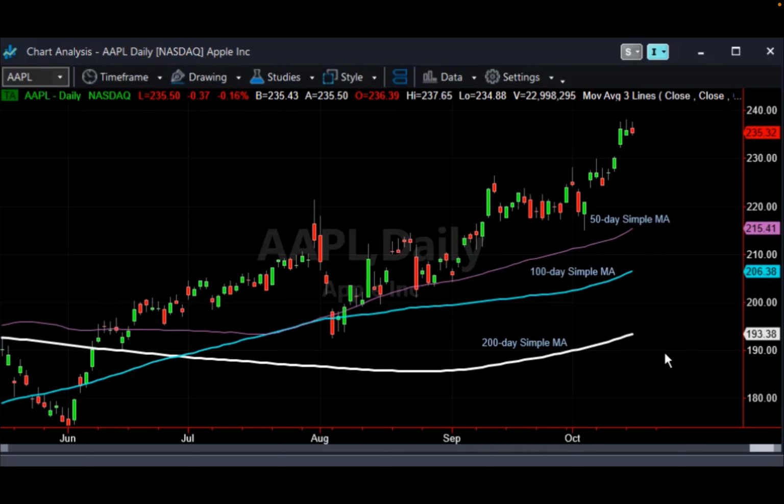So again, the 50-day moving average is the closing prices of the last 50 days, all added up, and then divided by 50, and plotted each day into a line. So this is the 50-day moving average, the 100-day, and the 200. So a mature trend typically is identified when price is above those three broad moving averages.